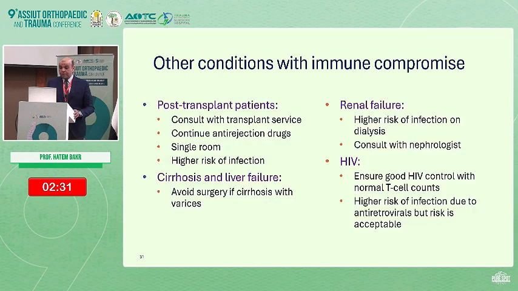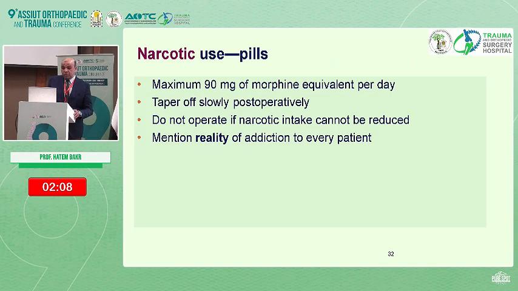This is my message. Other conditions like the post-transplantation patient, Dr. Radwa was mentioning that it's very important. You should note the chronic liver patient and cirrhotic patient, renal failure that was mentioned, and HIV. Although it's not too common in our community, we should routinely screen the patient for HIV, Hep C and Hep B. Now it's routine in all our arthroplasty patients.